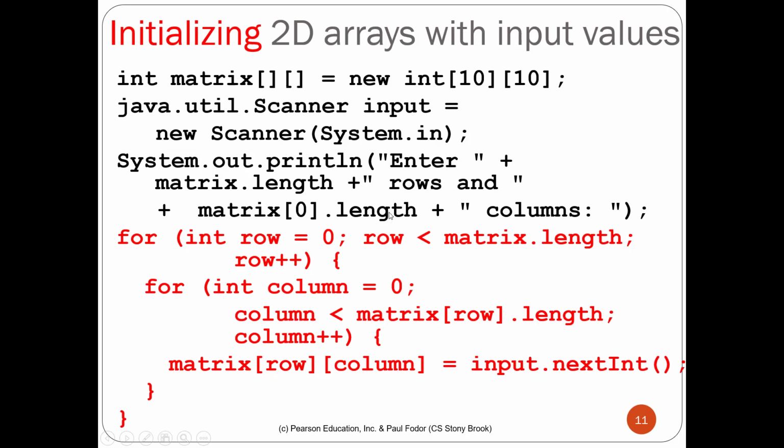How do you do that? Well, for rows you will simply say matrix dot length, and for columns you'll say matrix[0] dot length. And here, since every row has the same number of columns, we are fine. It's not a ragged array as we had in the previous slides.